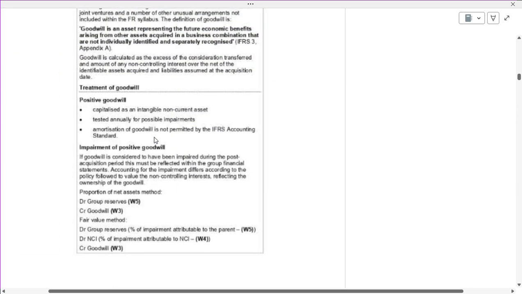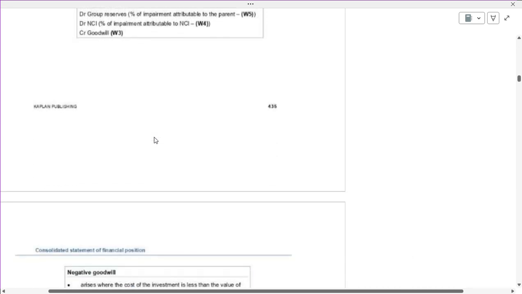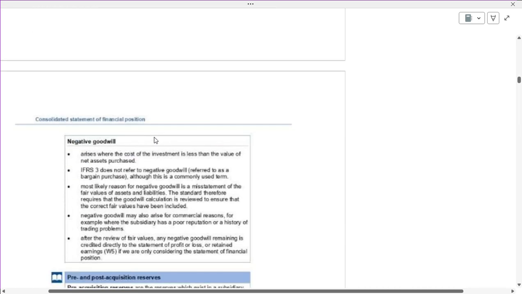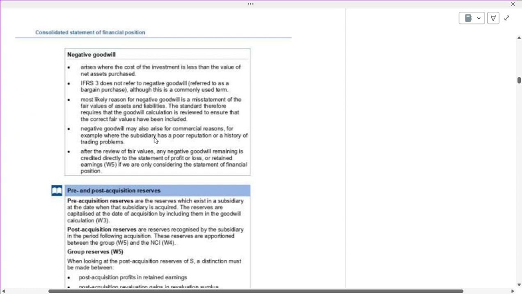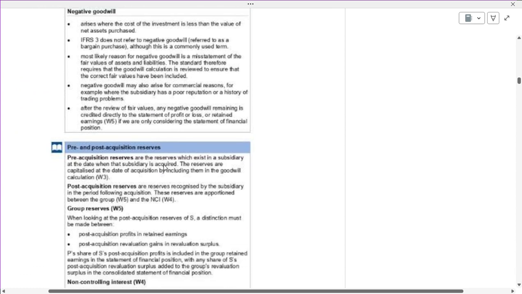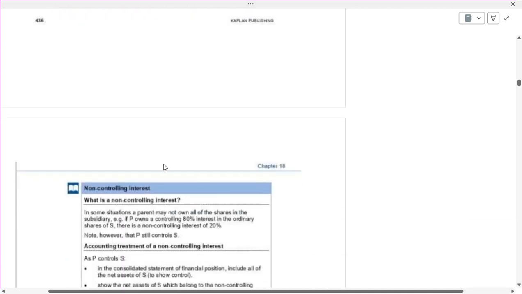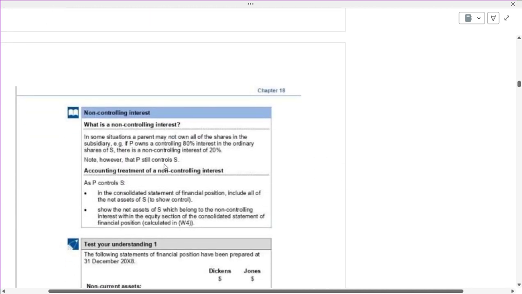They will ask what the net assets method is and what the fair value method is. You have positive goodwill, impairment, and negative goodwill, bargain purchase. You have pre-acquisition and post-acquisition. You will divide everything by percentage, and the non-controlling interest with respect to the subsidiary.